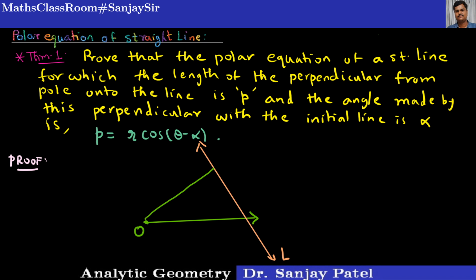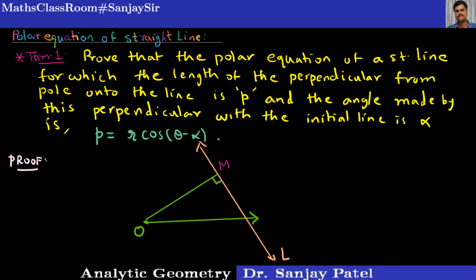Let me draw it properly. This is a perpendicular from the pole onto this line. Okay, fine. And let us call the foot of the perpendicular M. This is the foot of the perpendicular, let us call it M.